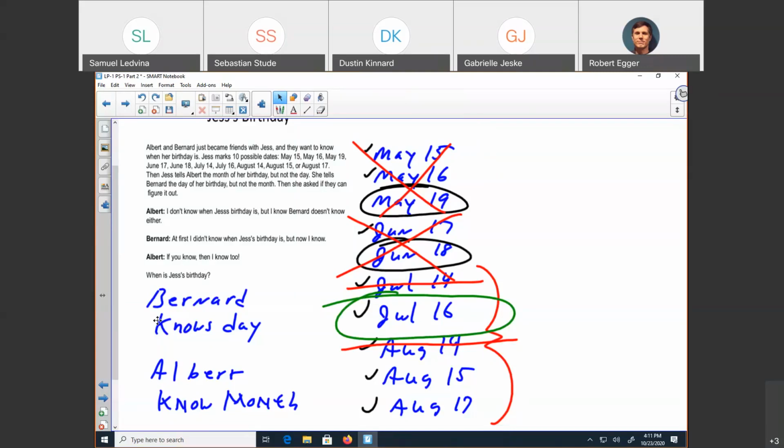Hopefully that helps, or makes it a little less muddy. Which means Albert was told July, and Bernard was told 16.